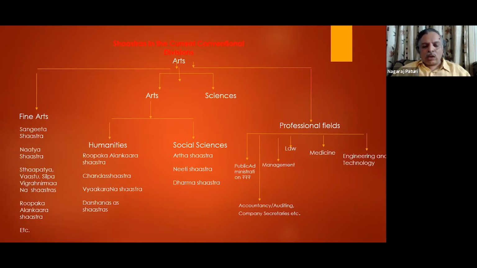For example, the plot of theater, plot of drama, how through Panchasandhi analysis in Rupaka Shastra, what a rigorous analysis of plot has been done in a very Shastric way on the basis of Shastric foundations, and all such material that we have from Rupaka Shastra, how the taxonomy, the classification of Rupakas, classification of characters, Prakritis in a Rupaka, and what are the stage performance aspects, practical aspects of stage performance, how in a very Shastric way they have been analyzed.